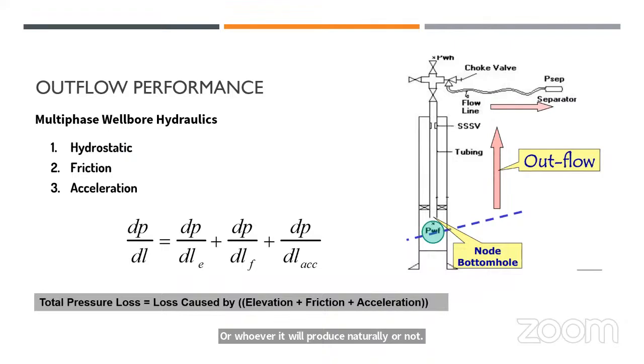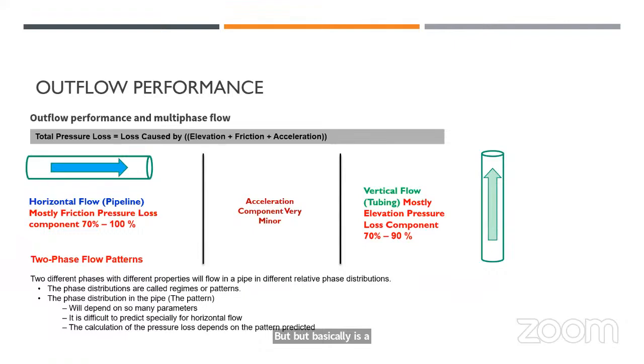The outflow performance relationship, or vertical lift performance relationship, will depend on three factors: hydrostatic, friction, and acceleration. But basically, hydrostatic is the major concept we need to consider in vertical flow. In horizontal flow, we are concerned with friction.